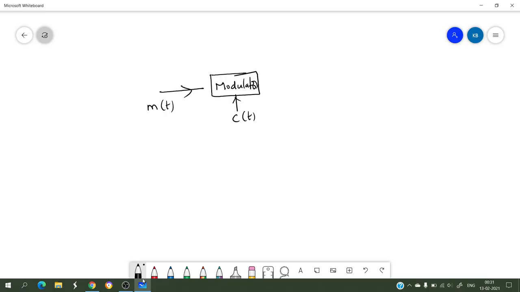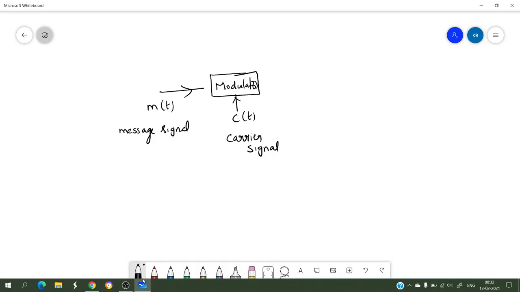There are different names we can call these signals. The carrier c(t) can be called a carrier signal, and the signal which is to be modulated is called the message signal.